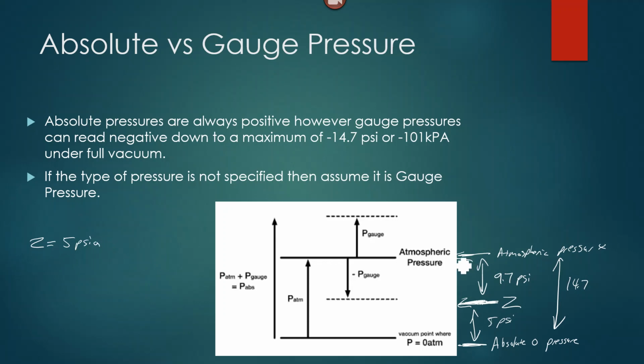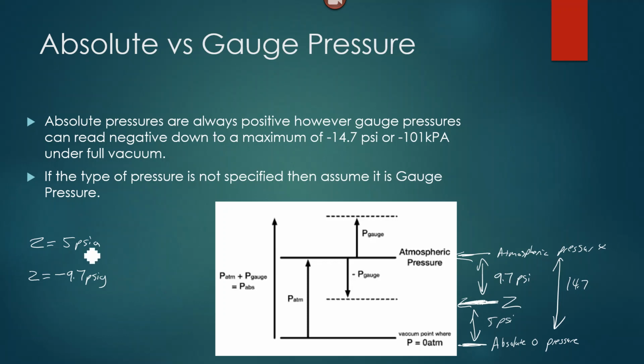But what is it in gauge pressure? Remember, gauge pressure ignores atmospheric pressure. So we have some pressure that's below atmospheric pressure. Well, if it's below, then in gauge pressure, it's got to be negative, okay? So what is it? It's negative 9.7. So Z would be equal to negative 9.7 psig. So again, to get from psig to psia, all we've got to do is add 14.7.